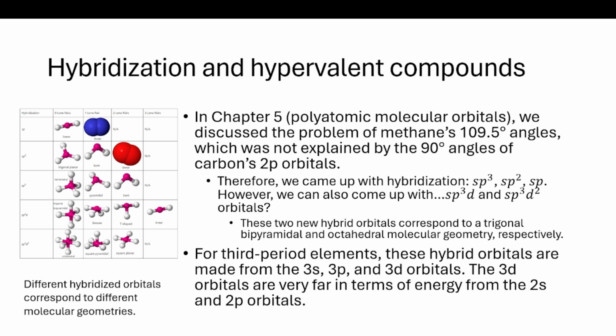Now, we know that there are 2s and 2p orbitals, so why doesn't the 3d orbital interact with 2s and 2p? Well, the reason is that the 3s, 3p, and 3d orbitals are the closest in energy together, meaning that it's feasible for them to hybridize.